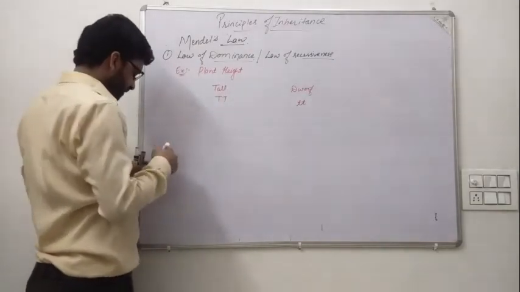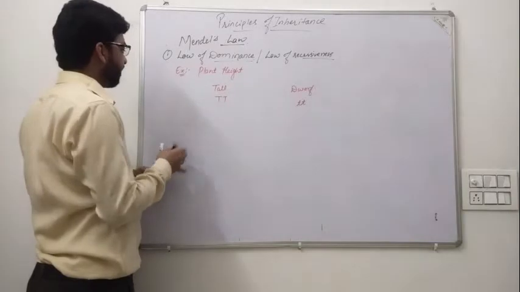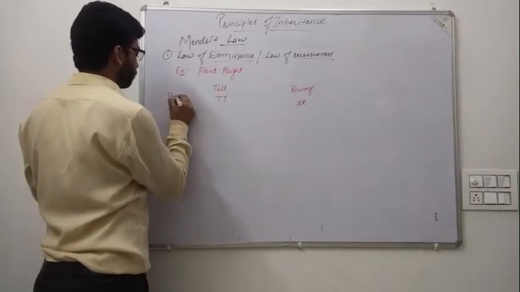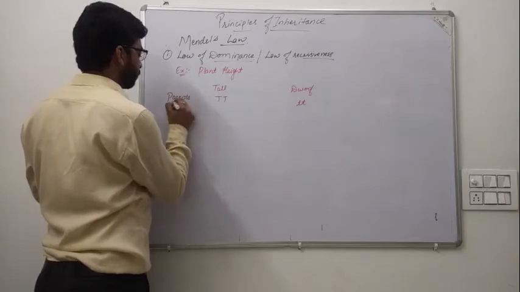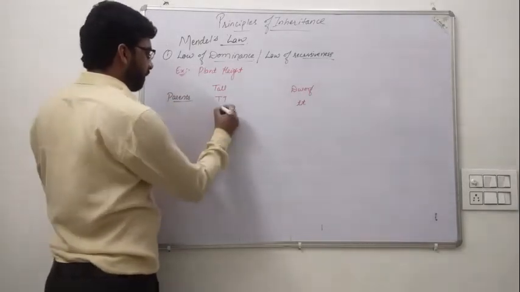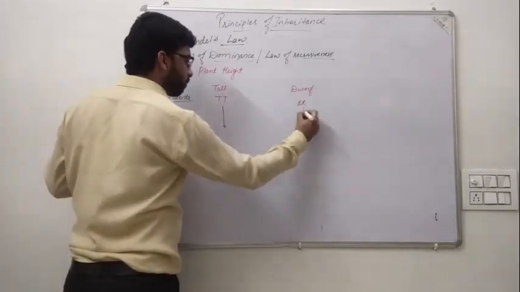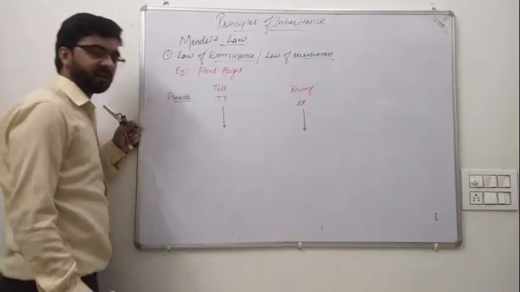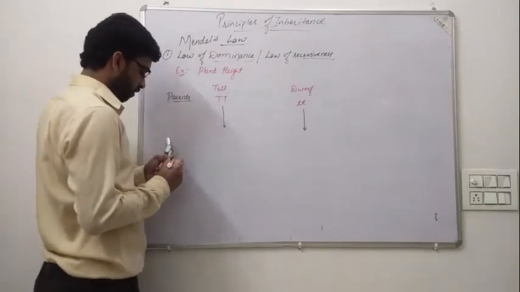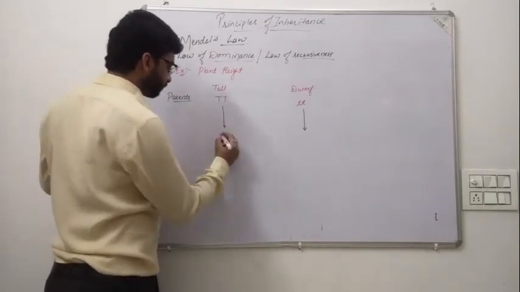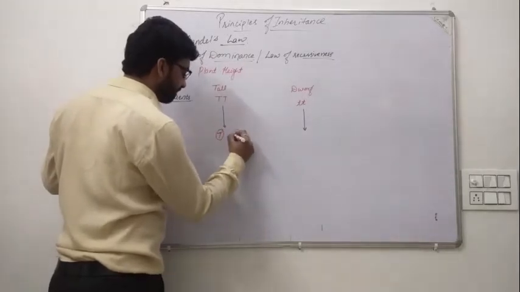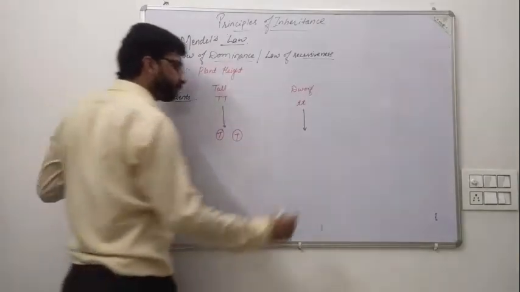These are the parents. We write it here as parents. Parents undergo meiotic division and form gametes. So here we note down the gametes. We enclose the gametes in a rounded structure.